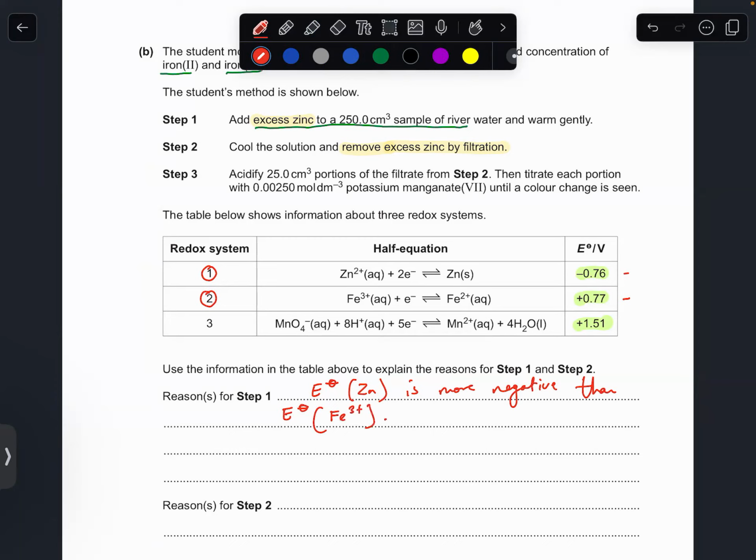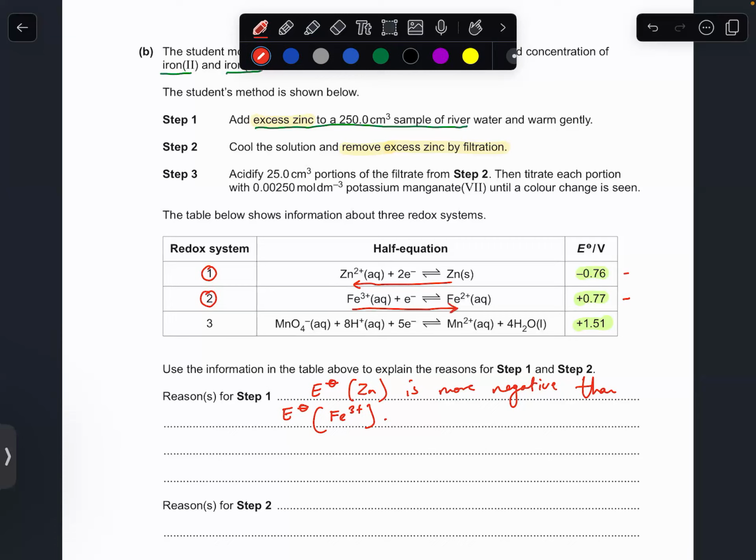Now, what that does, because it's more negative, the zinc is going to get oxidized and the iron 3+ ions are going to get reduced.